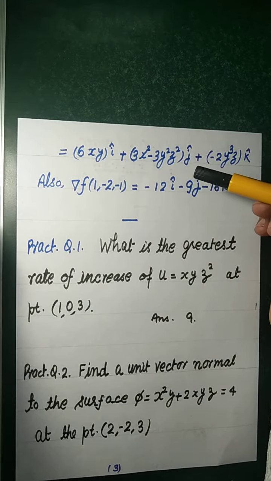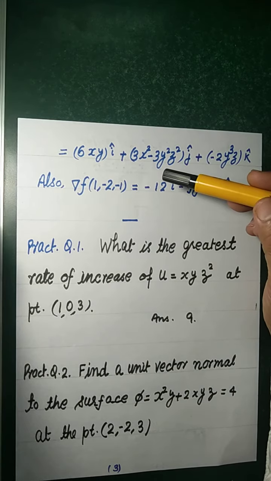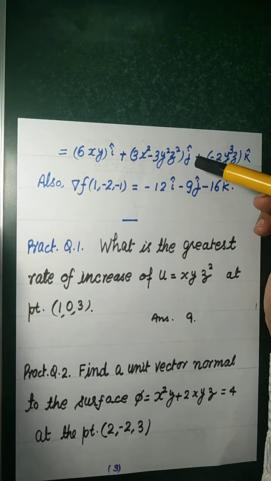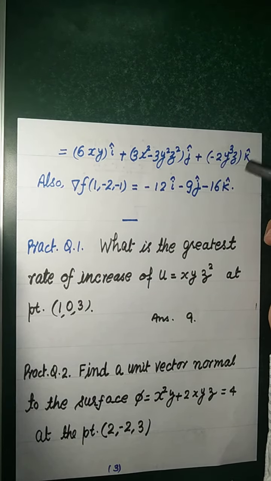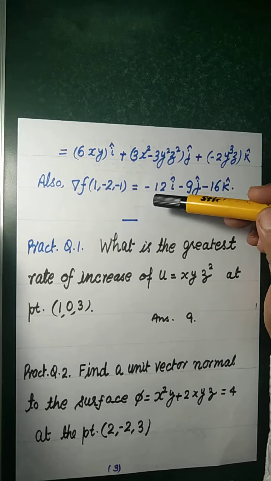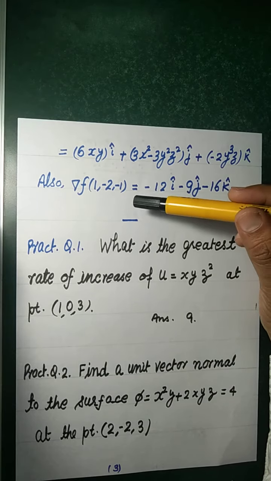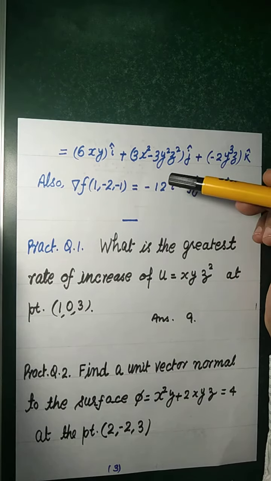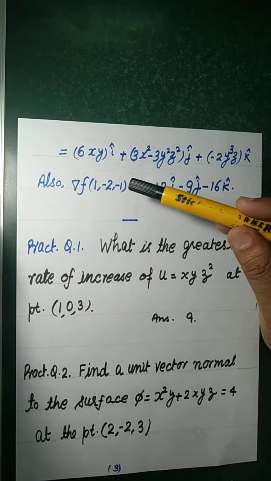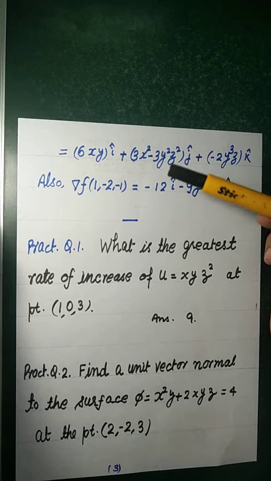After differentiating partially, we obtain 6xy i cap plus this one j cap plus this one k cap. Also we have to find the gradient of function f at point (1, minus 2, minus 1), on putting the value of x equals 1, y equals minus 2 and z equals minus 1.